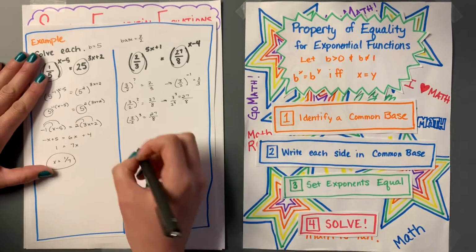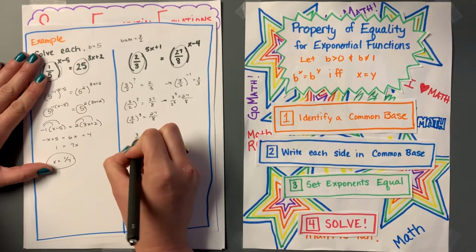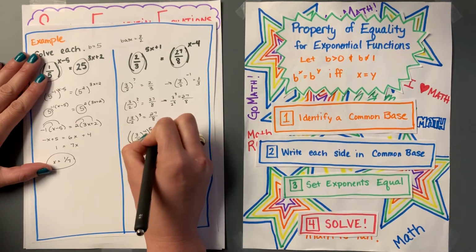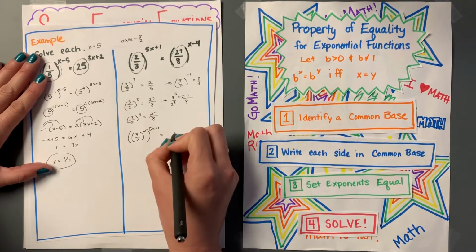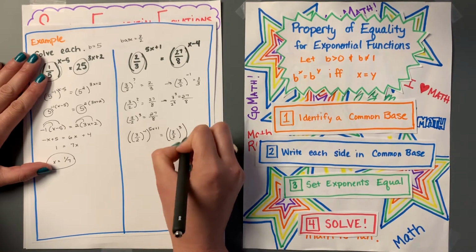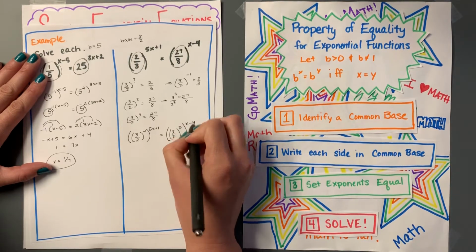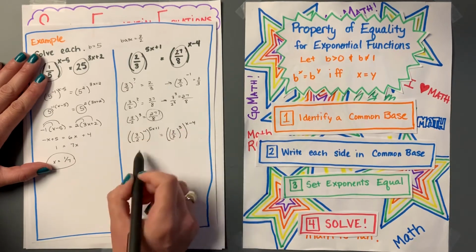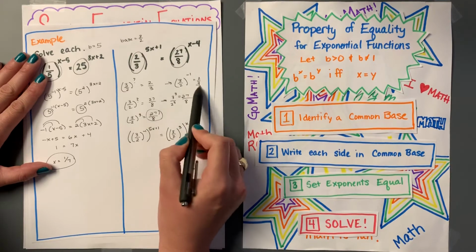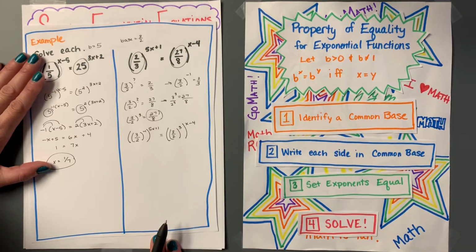So for the left-hand side, I'm going to have (3/2) raised to the negative 1, raised to the 5x plus 1, is equal to (3/2) cubed raised to the x minus 4. So remember, I said that I could replace 27 over 8 with (3/2) cubed, and I could replace 2/3 with (3/2) to the negative 1. So that's what I have done.